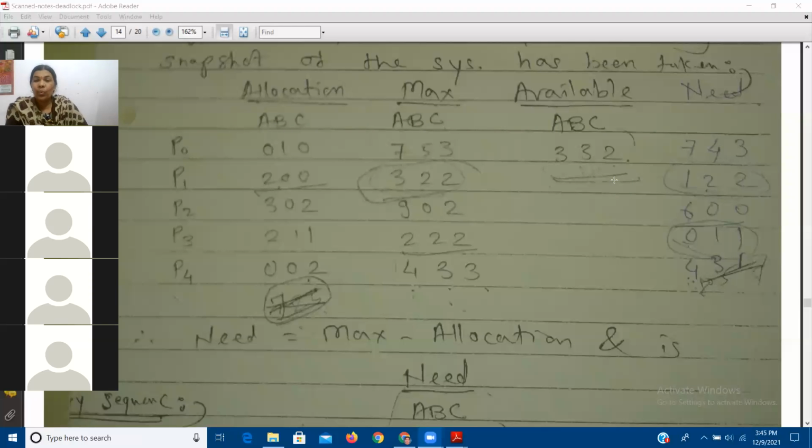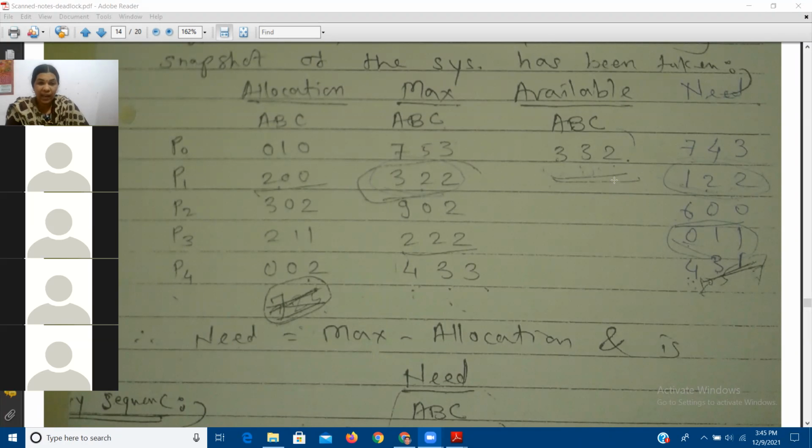So 221 is the request, which is less than need as well as available. So the operating system is able to grant that request, and after granting it, 221 will get added to the allocation, and it will be subtracted from the available, and also subtracted from the need.